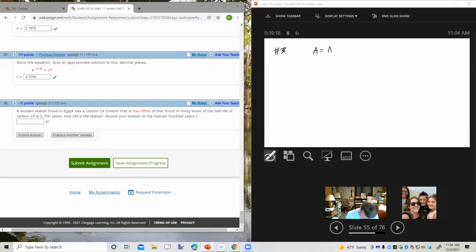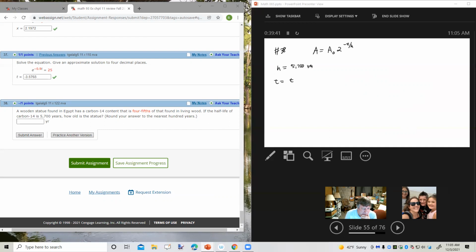A equals A sub 0 times 2 to the negative t over h power. We know the half-life is 5,700 years. We want to know how old the statue is.